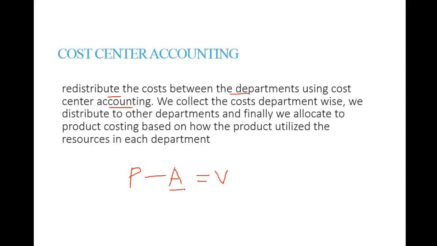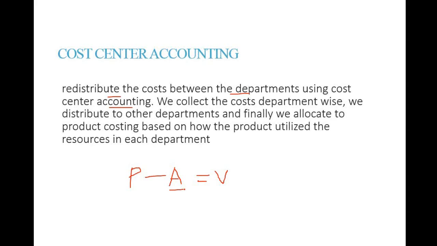Here we are doing only the calculation and analysis. We can do planning here: what are the salaries paid to the production department for the next 1 month, for the next 2 months, for the next 1 year? Like this, we can do planning by using cost elements at departments.